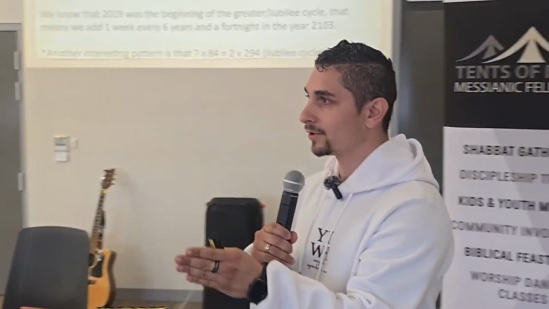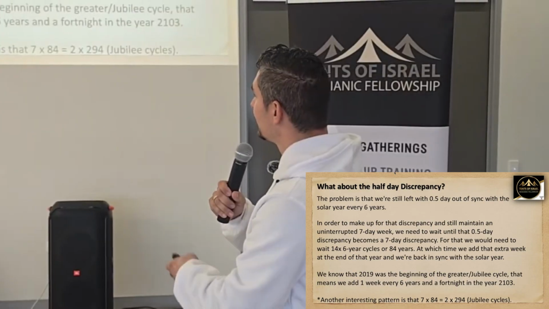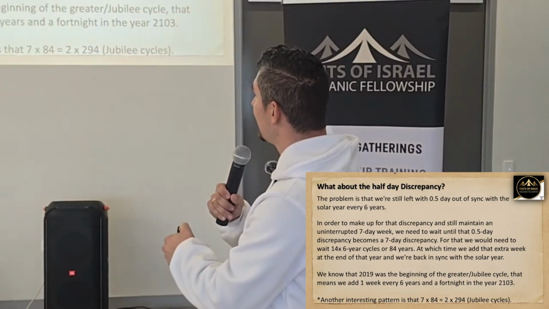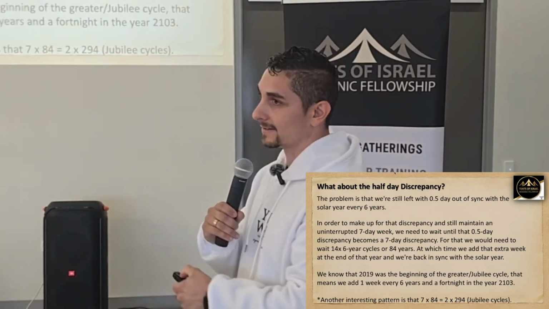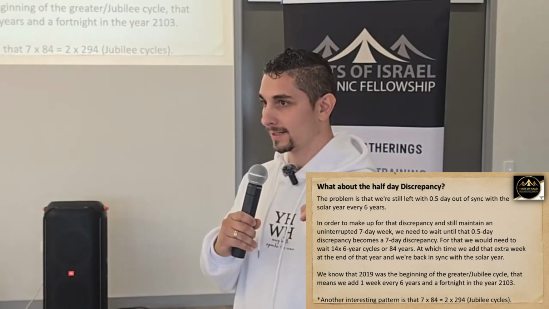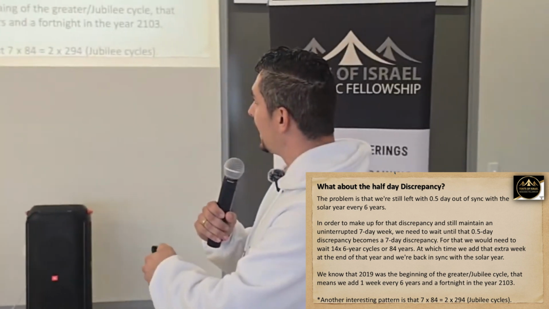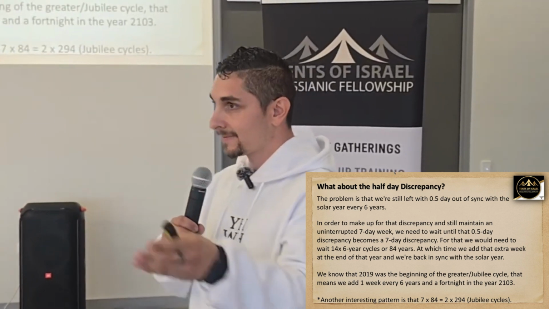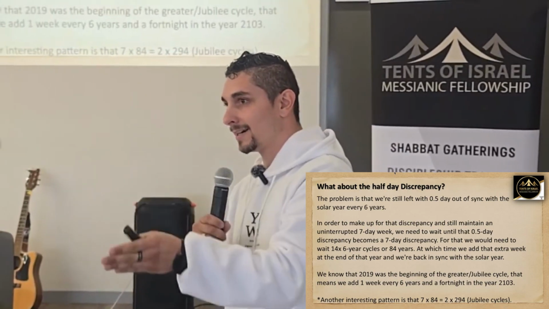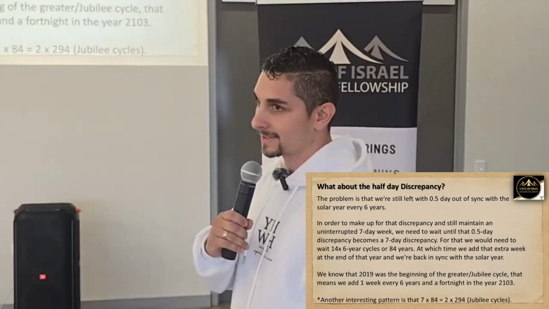Okay, the only way to do this is we need to wait until that half day becomes 7 days. Keep adding 1 week at a time, every 6-year cycle. Eventually, that half day becomes 1 day, 1.5, 2 days. Eventually, you make up for it, it becomes 7 days.